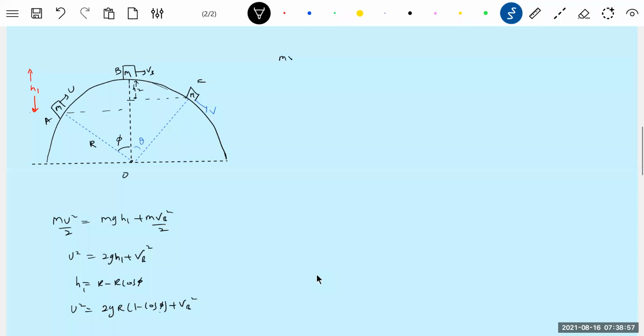Then applying conservation of mechanical energy, m vb square by 2 plus m g h2 should be equal to m vc square by 2. Then here normal contact, the weight mg, this is theta.